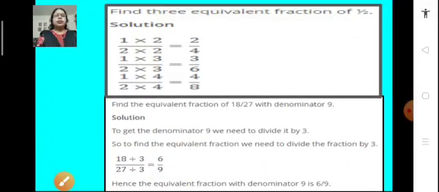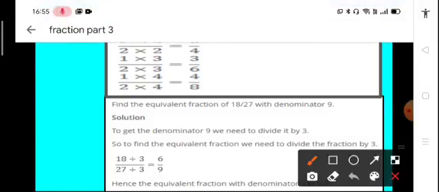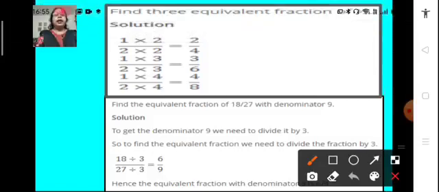Here we have more examples. Find 3 equivalent fractions of 1 upon 2. How do we get them? We can multiply both the numerator and the denominator of 1 upon 2 by different numbers, and we can get their equivalent fractions. In the first example, 1 and 2, both the numerator and denominator have been multiplied by 2, and we get 2 upon 4.